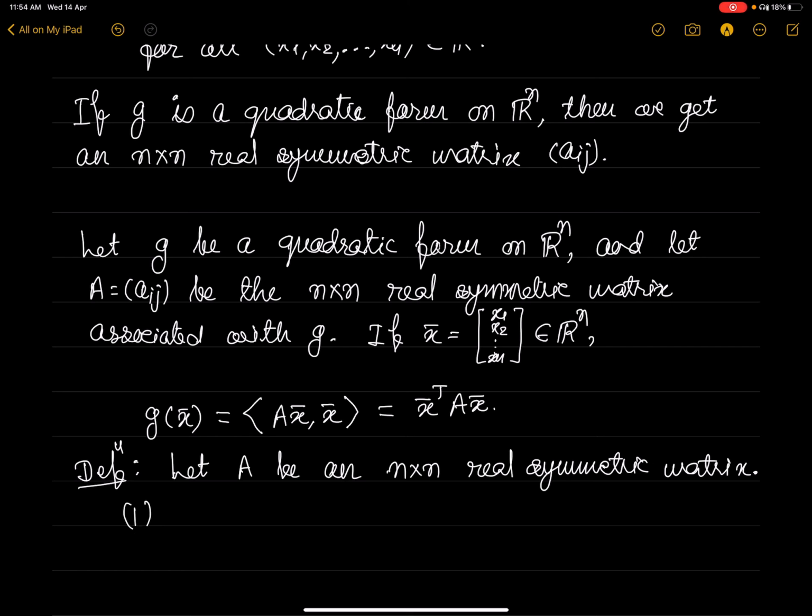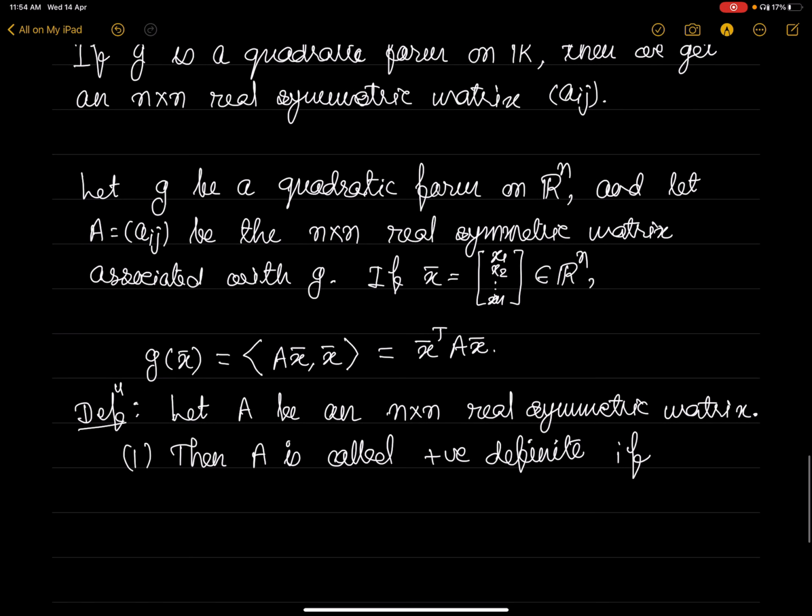The first one: A is called positive definite if the inner product of A x bar with x bar is strictly positive.